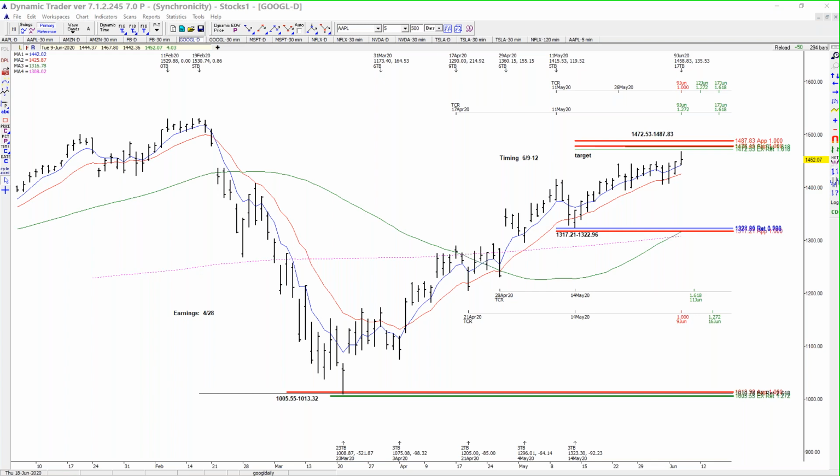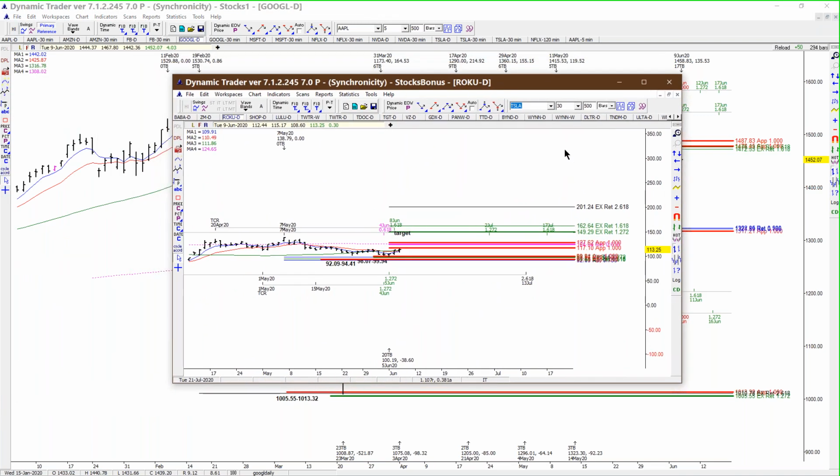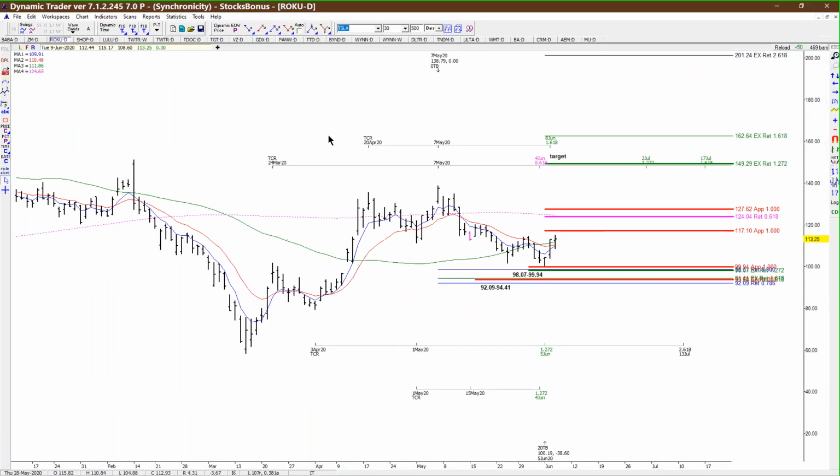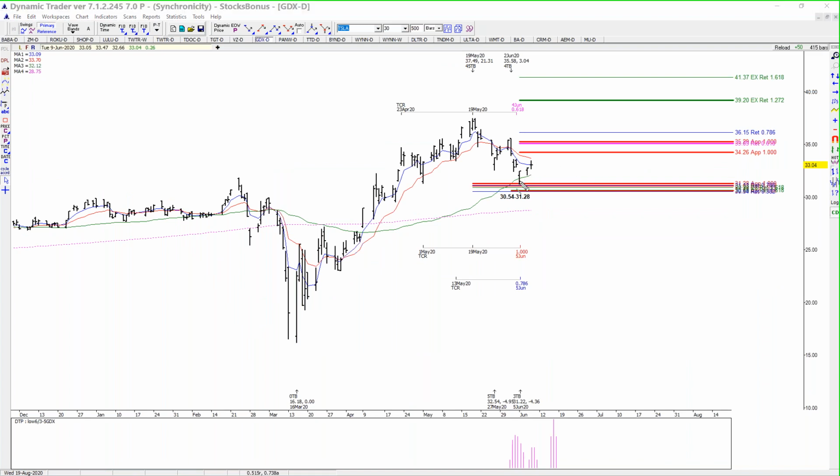Okay, so can one use the guidelines for ETFs? Yeah, I mean, I had put out the GDX on the free video yesterday. Now, this was not a royal setup, but it's still a setup.